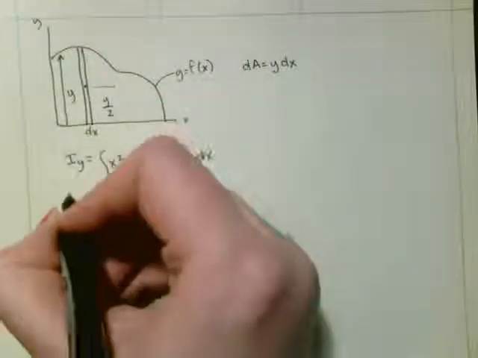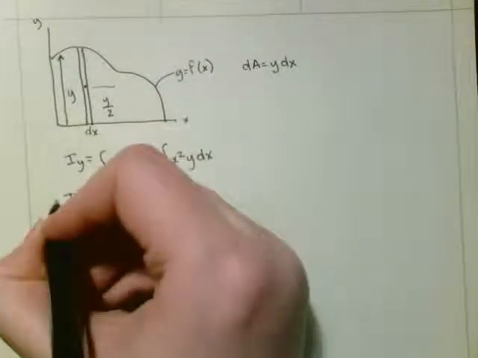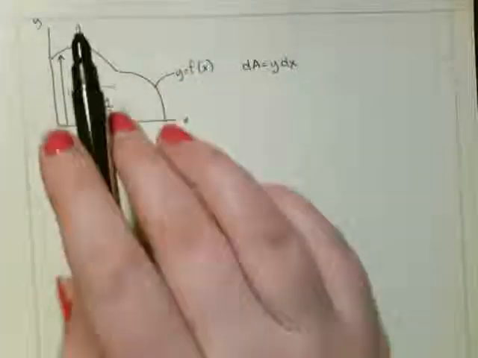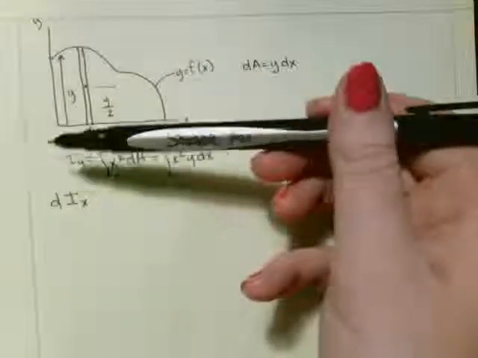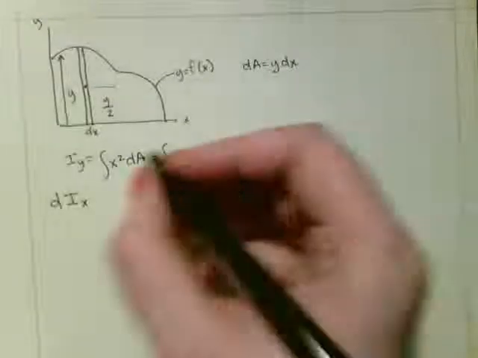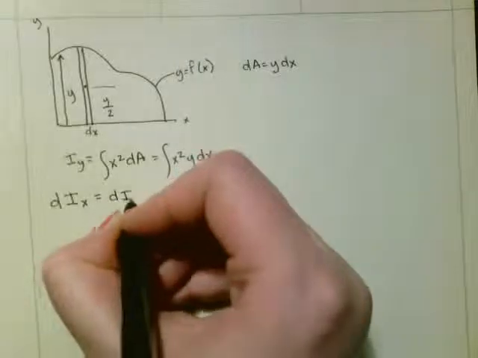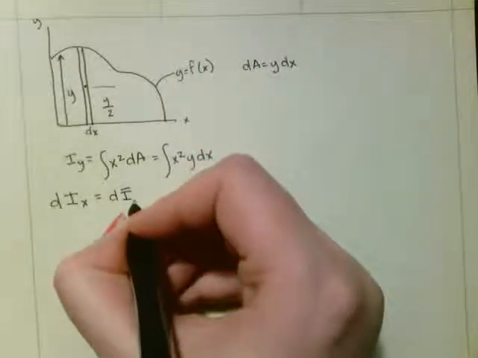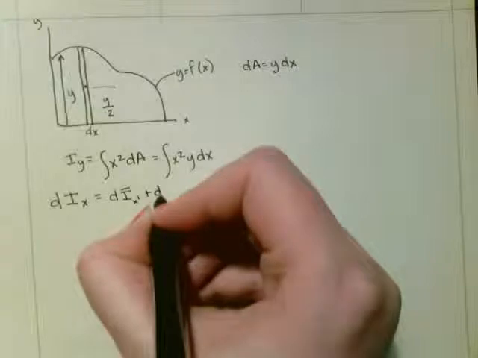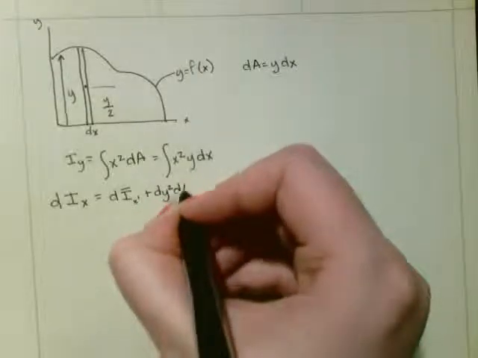And now, if I want the moment of inertia about the x-axis, the differential element is perpendicular to the x-axis, so I need to use the parallel axis theorem, such that I would get dIx prime plus dy squared dA.